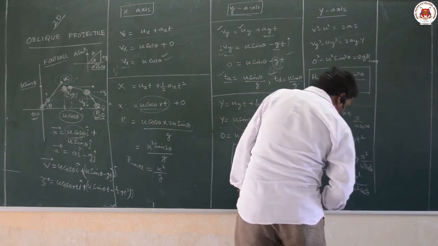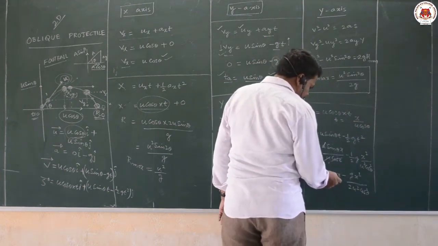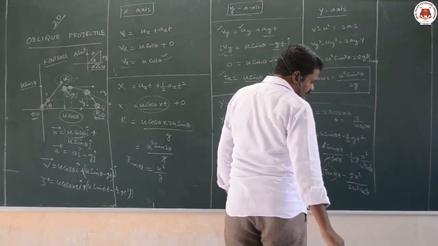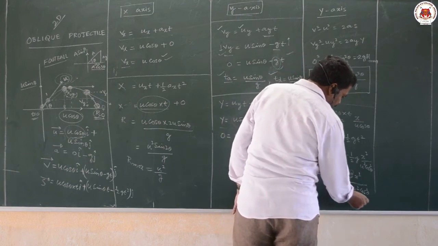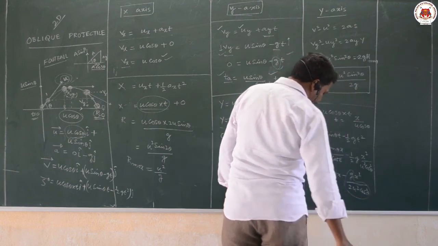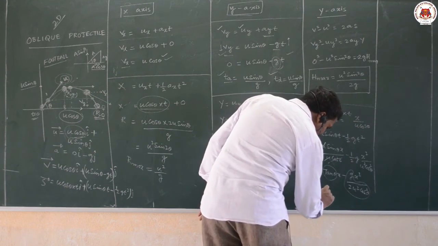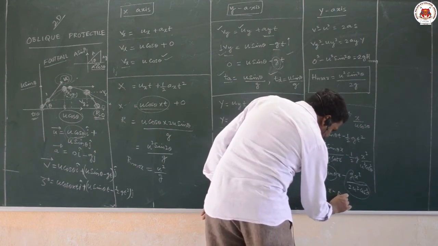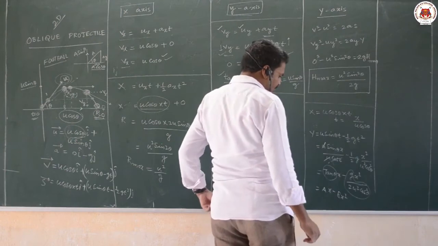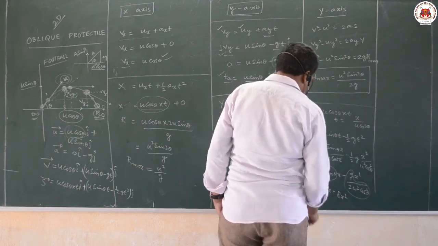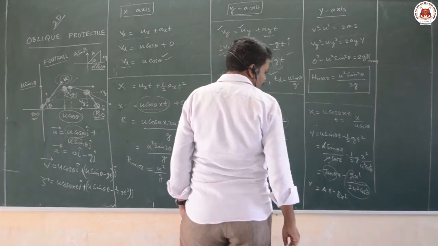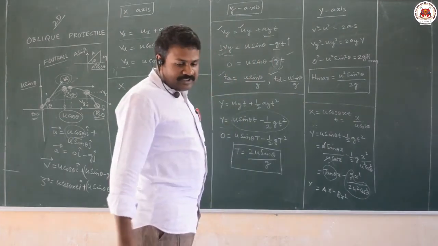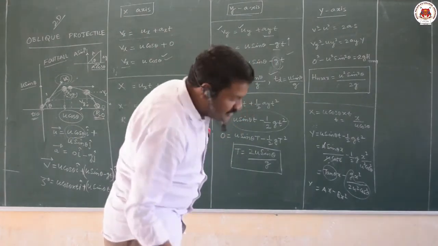In this equation tan theta is constant, and g by 2u square cos square theta is also constant. Therefore this can be written as ax minus bx square, and this is the equation of a parabola. So from that we can say that the trajectory of the projectile is a parabola.